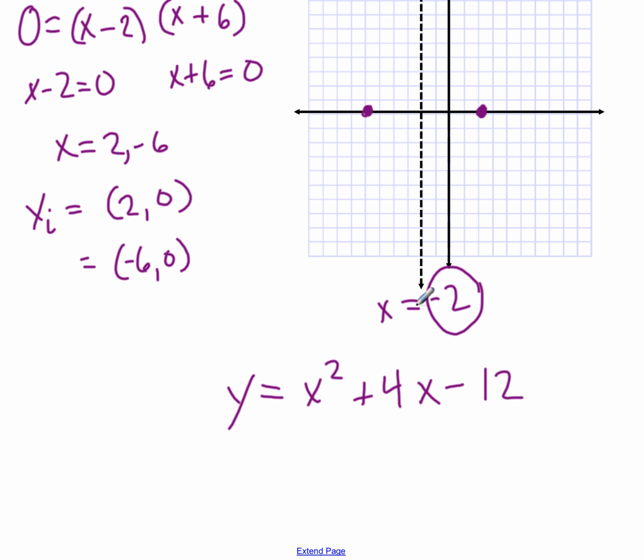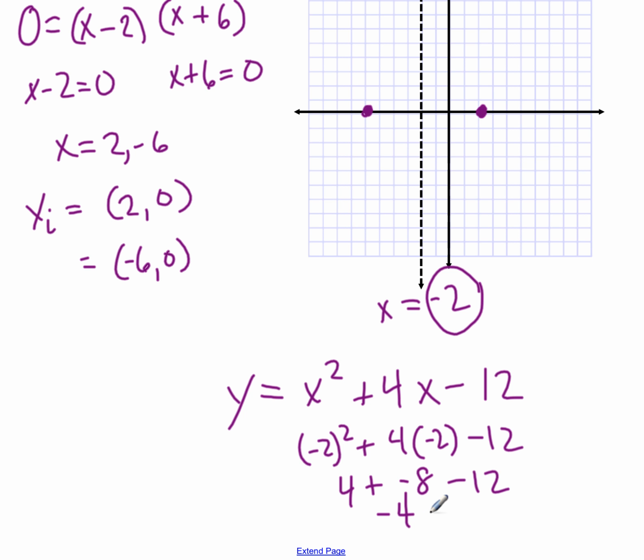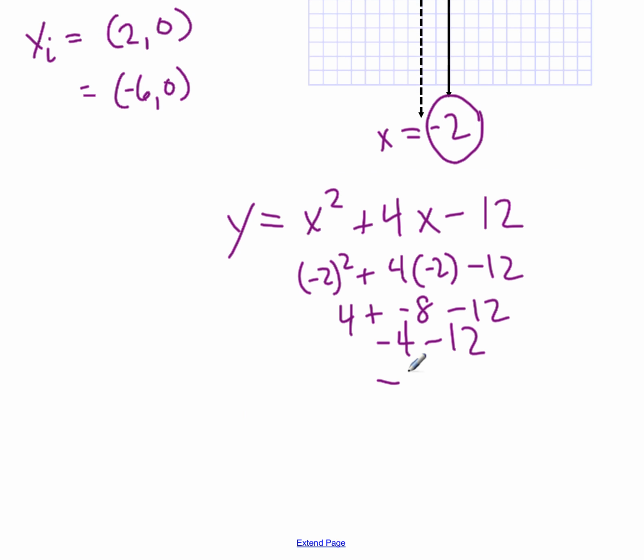I'm going to take my -2 and plug it in here. I get 4 plus -8 minus 12. That gives me -4 minus 12, which gives me -16. So my vertex is going to be at -2, -16.